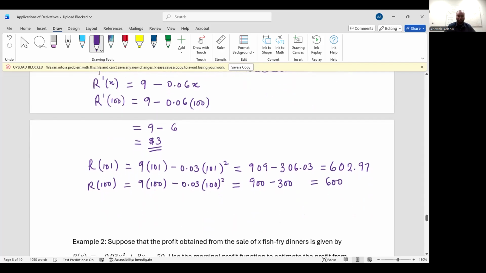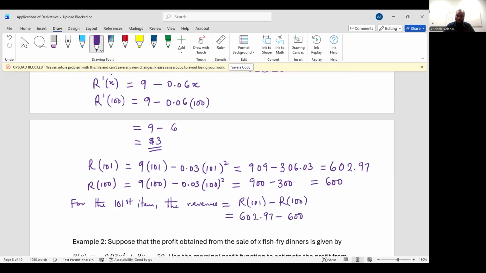So if we subtract, for the 101st item, the revenue is R of 101 minus R of 100, that is the revenue you generated by selling 101 items minus the revenue you generated by selling 100. So which is 602.97 minus 600. So this is $2.97.